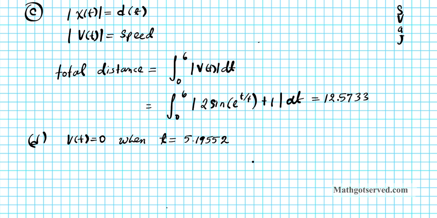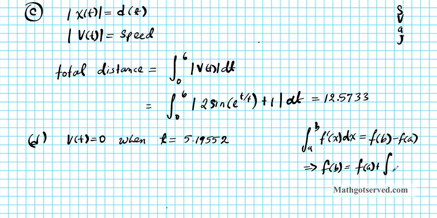So we have the velocity function, and we know that we can apply FTC part 2 to that. If you remember, the integral from a to b of f prime of x dx is equal to f of b minus f of a. So this implies that f of b is equal to f of a plus the integral from a to b of f prime of x dx.